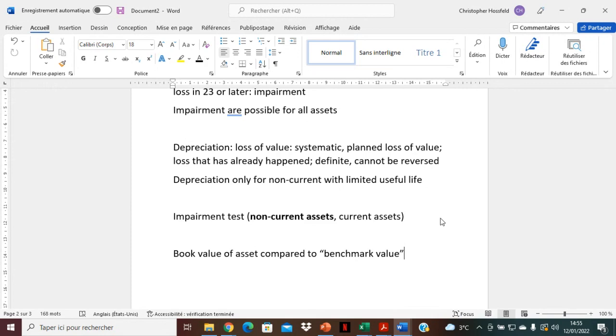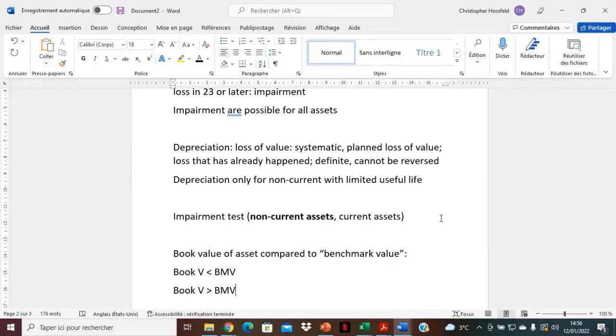So in other words, the selling price of my inventory, if we talk about finished products, for example. Okay, but anyway, I will compare the book value with the benchmark value. And when I do this comparison, obviously there are two possible outcomes. First one is the book value is smaller than the benchmark value. Or second possibility, the book value can be bigger, higher than the benchmark value.